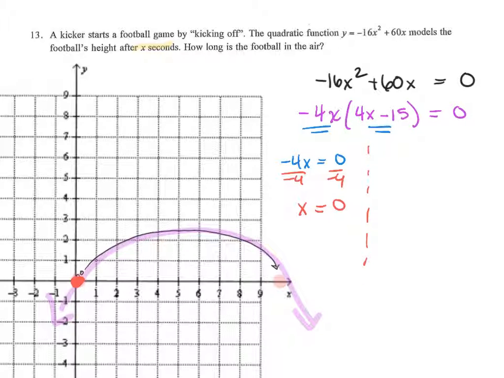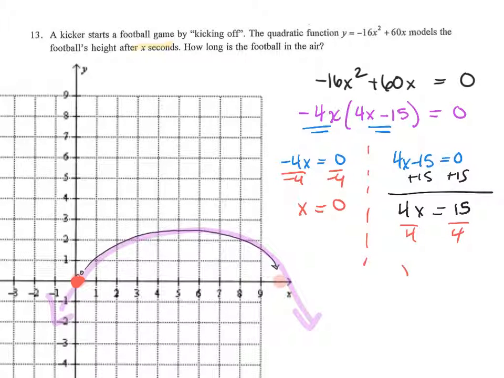And the other part is setting 4x minus 15 equal to 0, and then adding 15 to both sides, and you get 4x is equal to 15. We divide by 4, and because we're dealing with seconds, you're going to divide 15 by 4, and you're going to get 3.75 seconds.